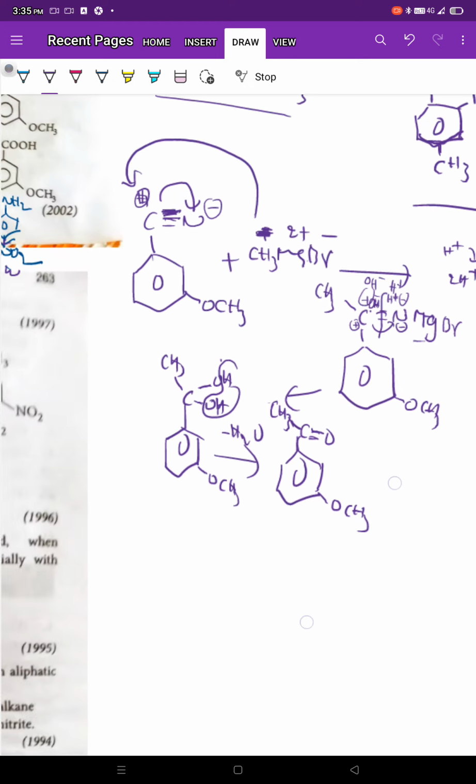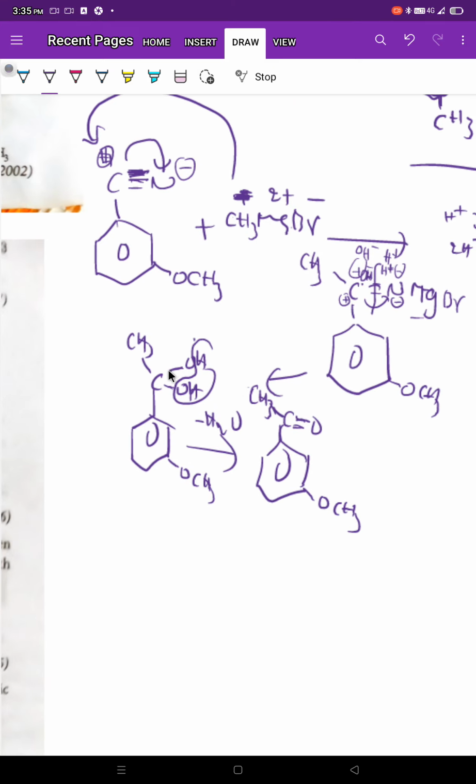Then what happens? You may get 2 OH groups attached like this. Two OH groups on a single carbon lead to instability, so it simply breaks down, eliminating H2O.